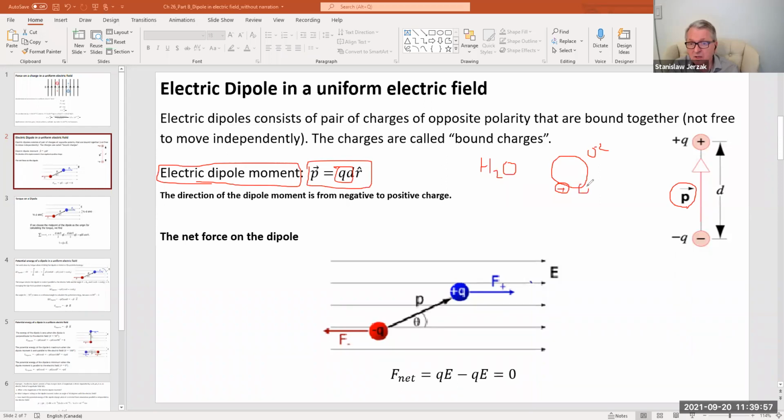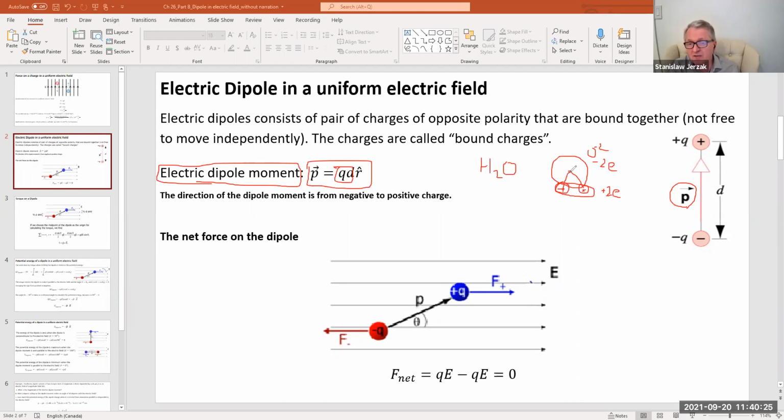And as you know, this angle here is about 105 degrees, so the water molecule is asymmetric. These 2 protons make one side of the water molecule positive with charge plus 2e, where e is the elementary charge, the charge of the proton. And oxygen is negative, so this is negative 2e.